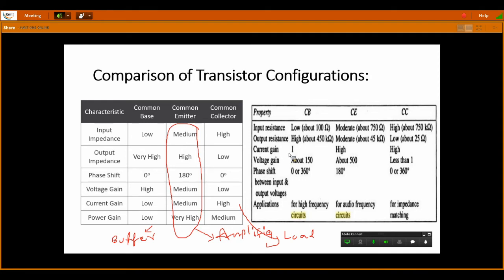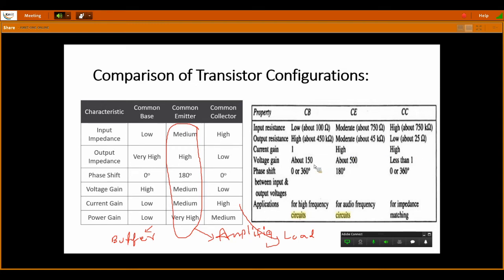Next, current gain of common base is 1, since the collector current and the amplification factor alpha is around 0.9 to 0.95, hence ideally it is 1. This is high, as well as common collector is also high.